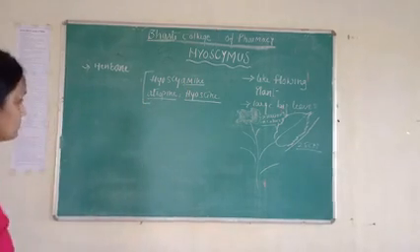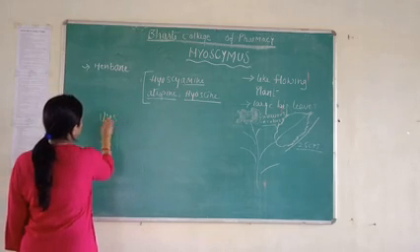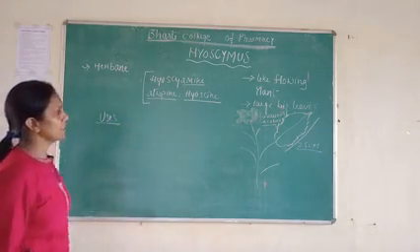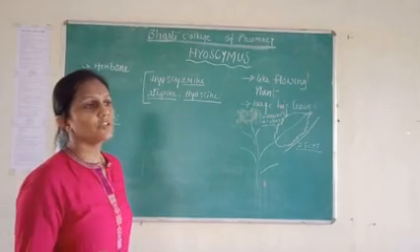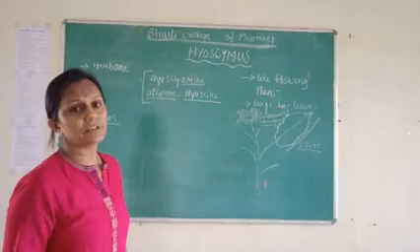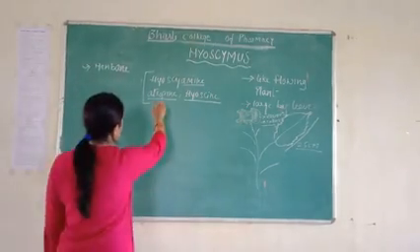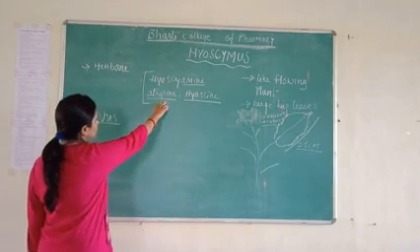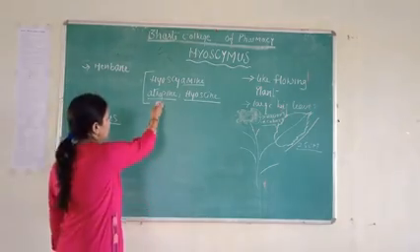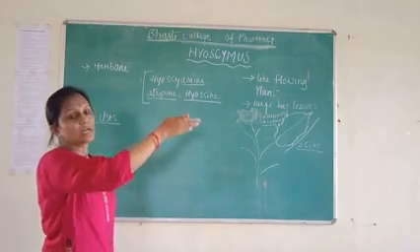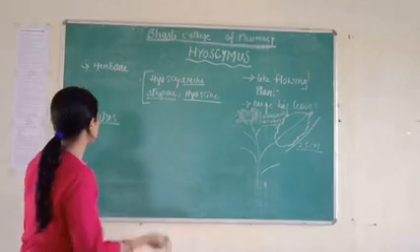Next we talk about their uses. Uses means in which kind of diseases we use the Hyoscyamus leaf. Because of those active chemical constituents, we use the leaf part as a drug in various diseases.